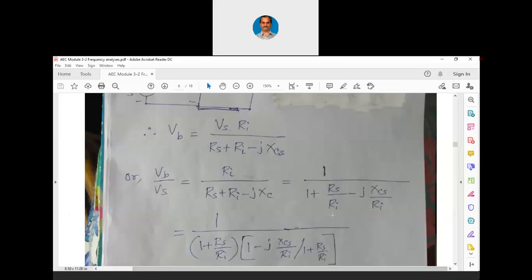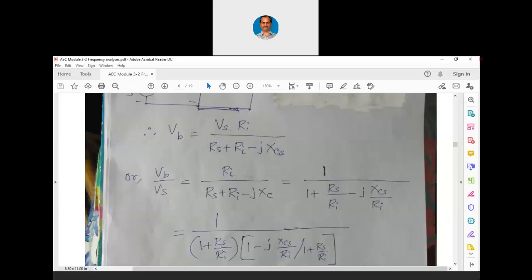Now you may wonder why we are replacing all these terms in this manner. Our intention is to find out the effect of the source resistance. So let us have a ratio of Rs by Ri always, and let us later find out how this ratio Rs by Ri is going to affect our gain or frequency response for that matter. That is why the terms are being slightly rearranged here.